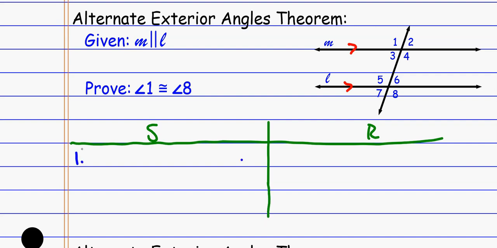So ready? Let's start with what I know. M is parallel to L, that was given to me. Next, again, I want to relate angle 1 to angle 8. So maybe I would do something like, well, angle 1 is congruent to angle 5.